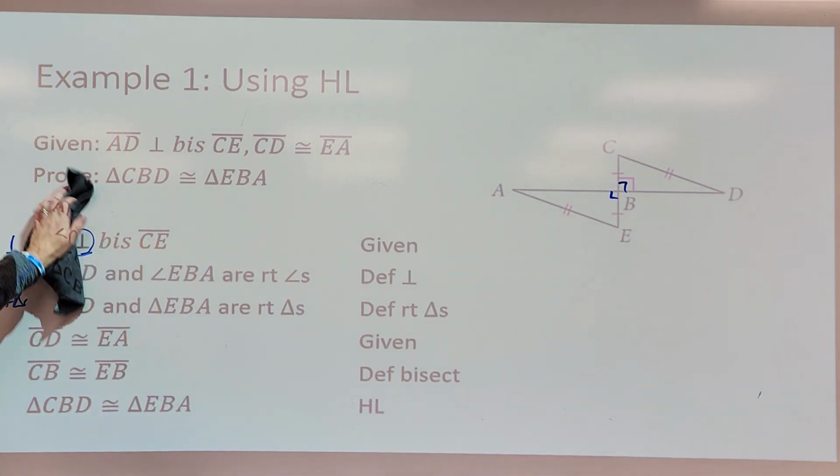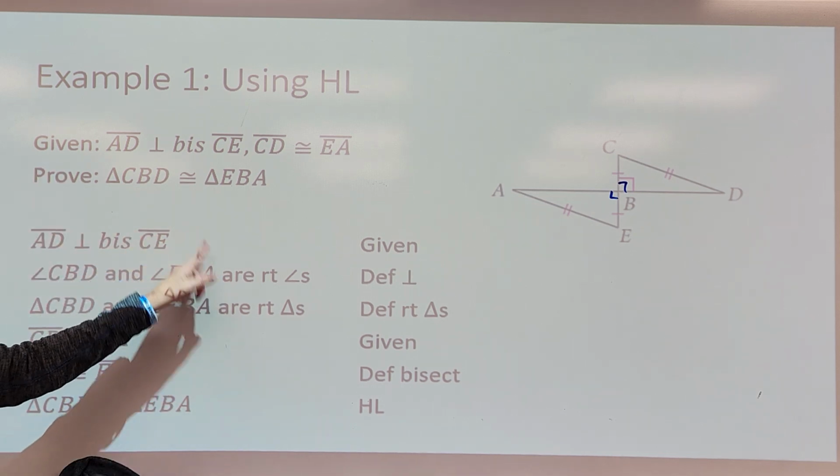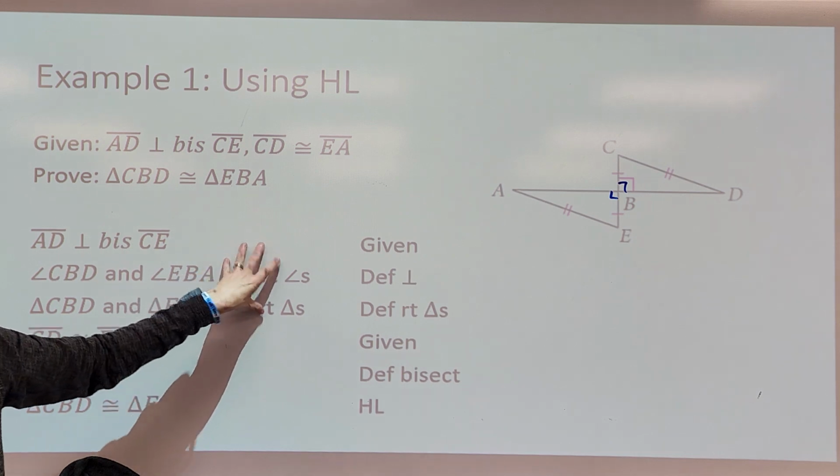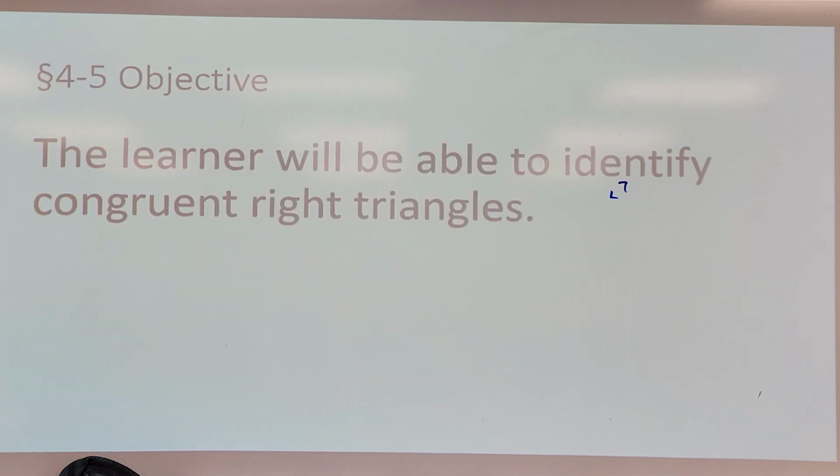But usually we're given perpendicular segments, which means we have right angles, which means we have right triangles. So be prepared to write those 3 statements down so that we can use the hypotenuse leg theorem. That's basically it for lesson 5.